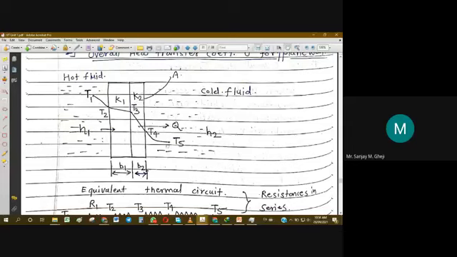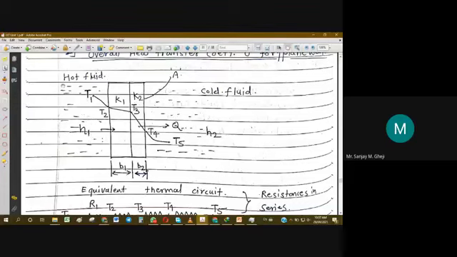On the left hand side it is a hot fluid, and on the right hand side it is a cold fluid. Let us say this furnace wall, this is inside of the furnace and this is outside of the furnace. Inside the furnace, as you know, fuel is burnt, so exhaust gases are being generated.